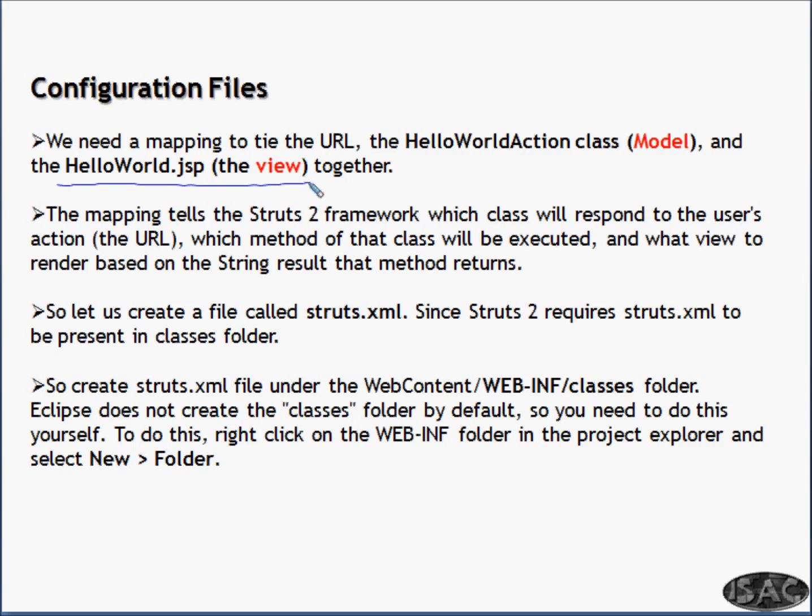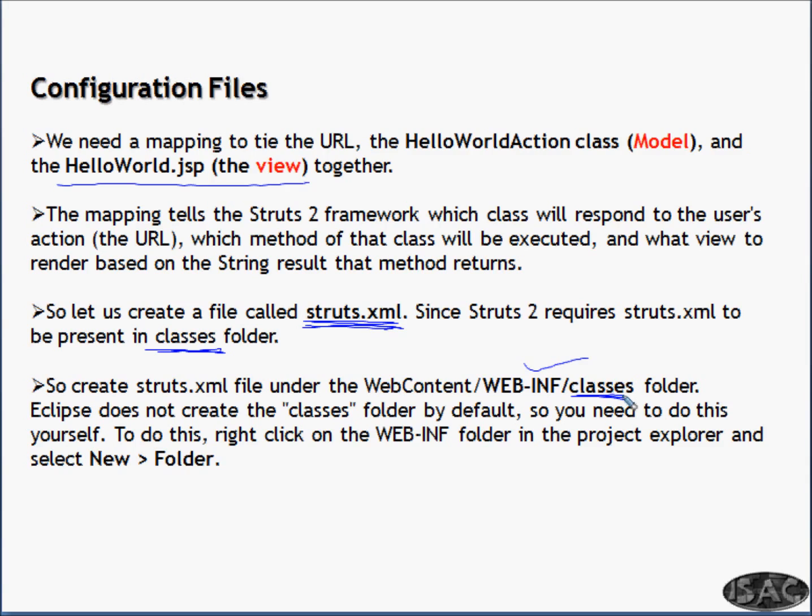So we need to create a file, that is struts.xml. Where will we create it? You have to create one classes folder. So just go to the WEB-INF. In the WEB-INF, create one folder, classes. In the classes, create a new file and give the name struts.xml.